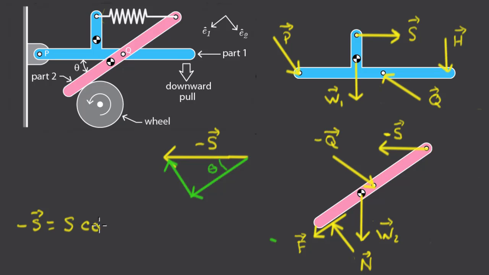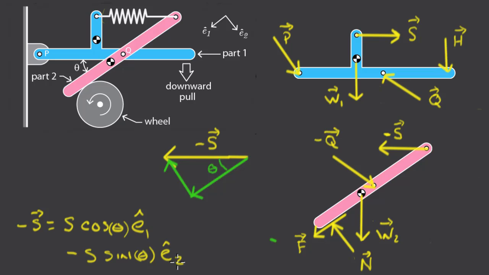So S cosine theta, E hat 1. And then I got this other piece, which is in the minus E hat 2 direction. So I'll say minus S, and it's the opposite side of the angle in the triangle. So I'll call it sine of theta, E hat 2.